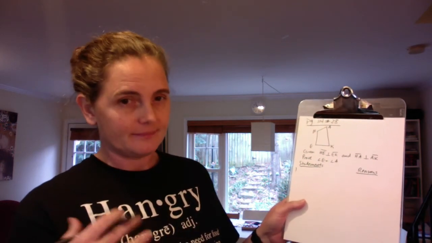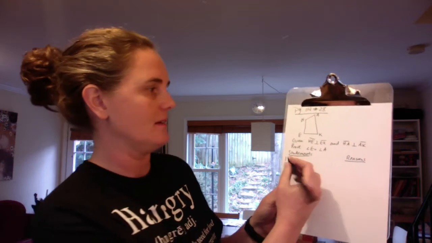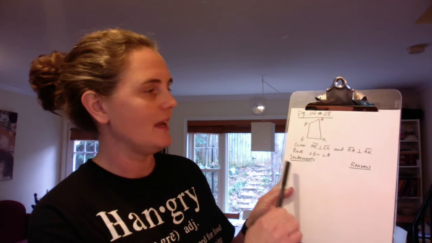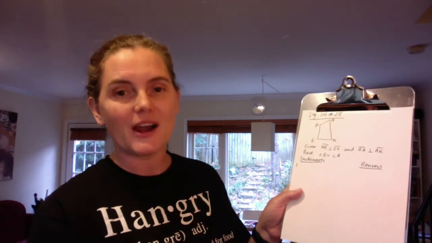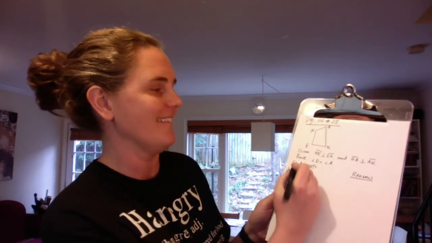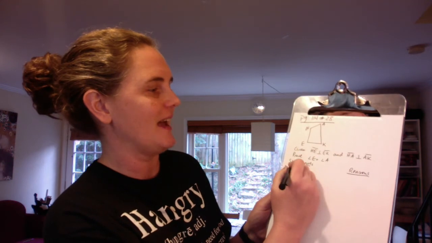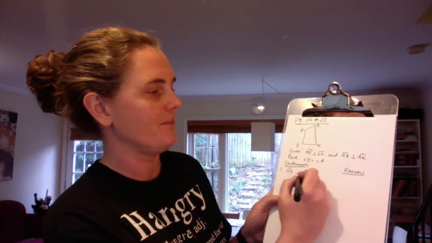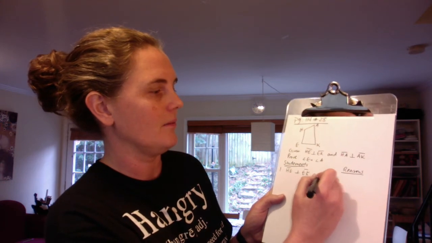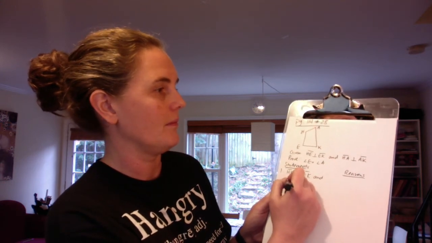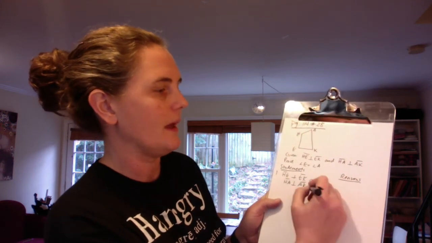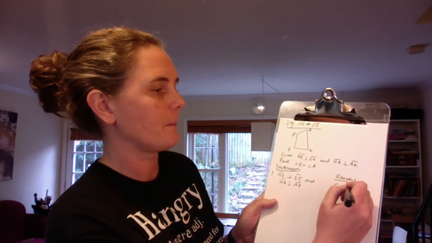Now, I think this one's going to be pretty easy. You always start, you put your statements and your reasons, and step 1, you always start with your given. So let's do that. Let's start with this and see where it takes us. Okay, so that one is given.